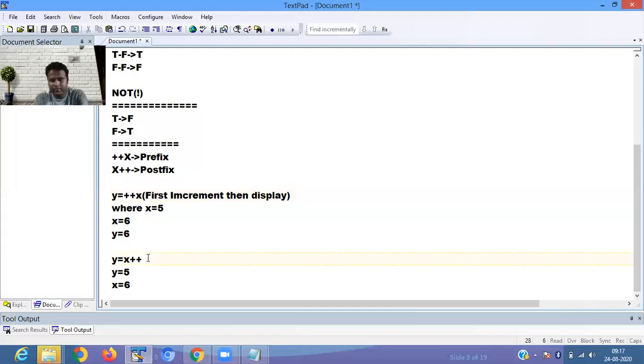In the postfix case, first display, then increment. That is the work of the prefix and postfix operators.